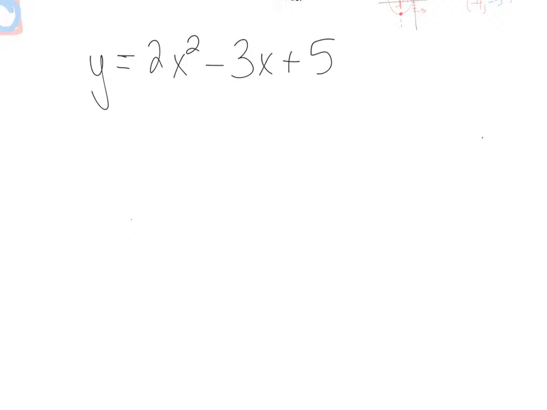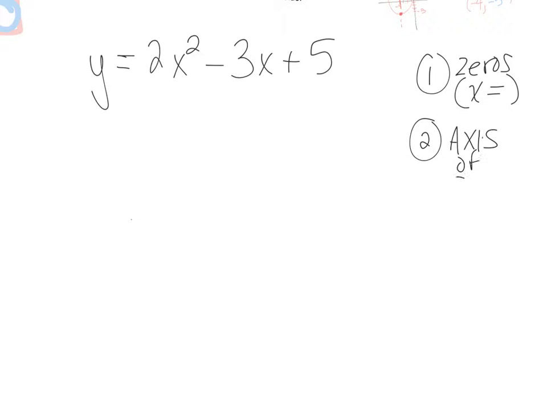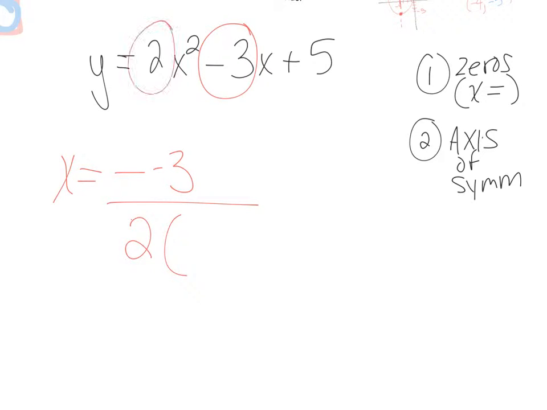First of all, you should be able to find the zeros, which are also the x-intercepts, by factoring, using the quadratic formula, or using a square root. The second thing that you can do is find the axis of symmetry. Because the axis of symmetry is x equals negative b, negative of negative 3, over 2 times a. Now, unfortunately, I picked fractions. This gives you 3/4. X equals 3/4 is the axis of symmetry.